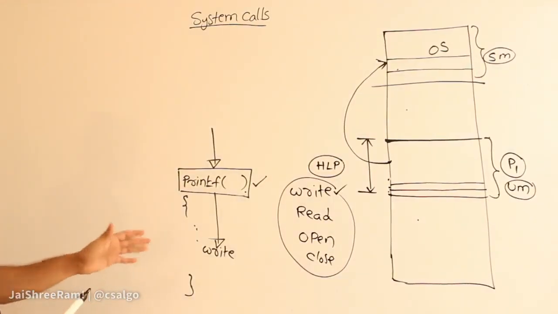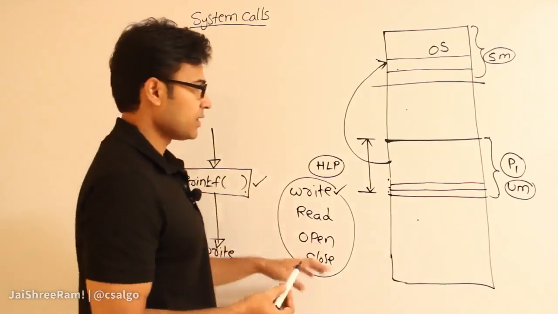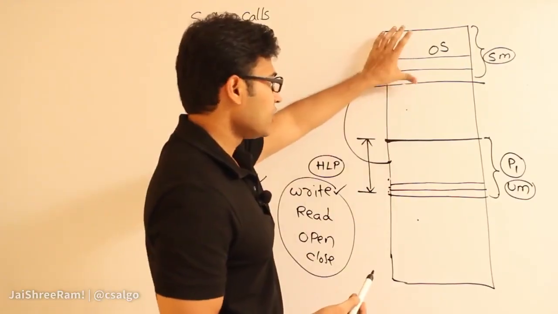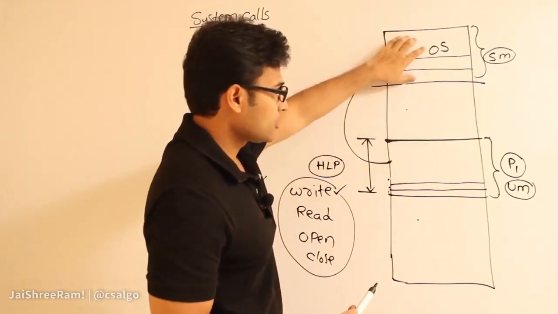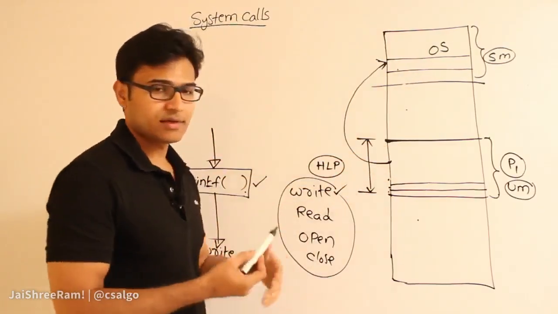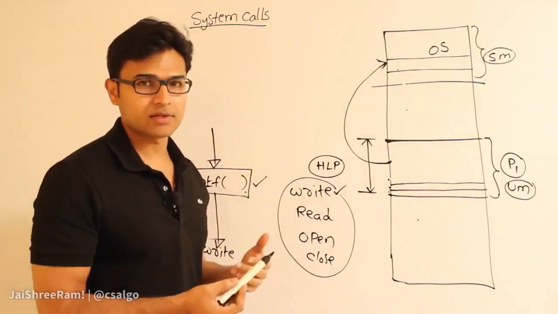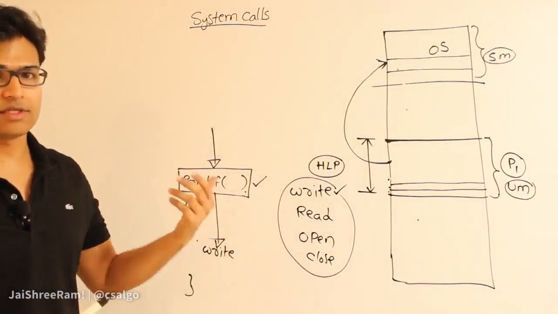So what you should remember here is, whenever a process needs something from the operating system, the only way it can get it is through system calls. And how to make the system calls? There are various methods, depending on the system implementation. Therefore, there is no standard way; from system to system it changes.